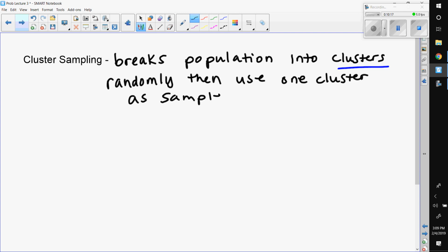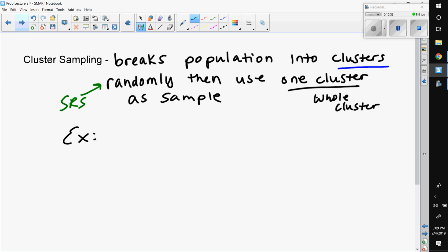So this uses a simple random sample to break up the population into certain groups, and then you're using one whole cluster. You're sampling everyone in that cluster as your sample.